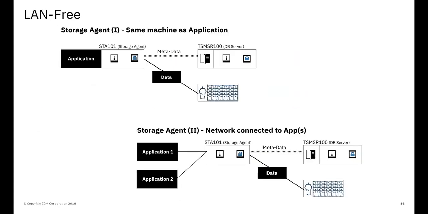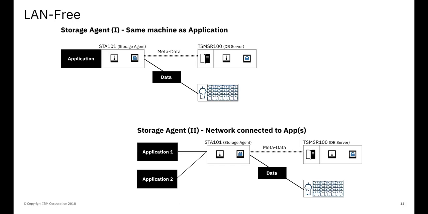We do have the ability to write LAN-Free out to the tape drives, and this is especially of interest to Spectrum Protect clients that host either large databases or applications that want to be able to stream the data to the tape libraries. And so in these cases, we will have a storage agent, and this storage agent can be installed directly on the same machine as that application is running, so maybe your production database machine or your production mail machine.